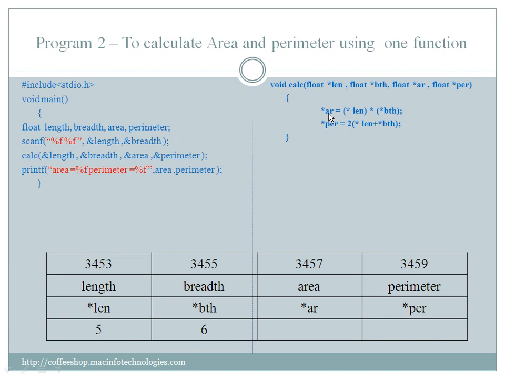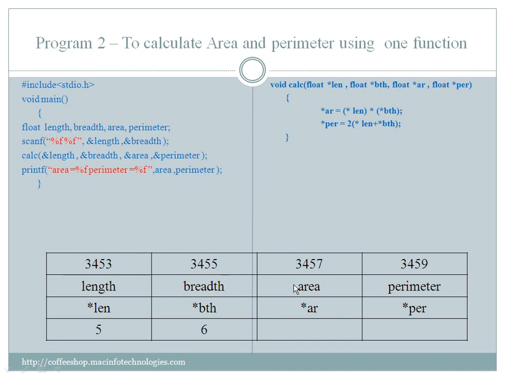Now, when you make any changes with *LEN, *BTH, *AR, those will be affected in the main function, because *BTH is pointing to the same memory location as breadth of the main function, that is 3455. *LEN is pointing to the same location as length of the main function, that is 3453. So you can use them directly, and you will be accessing the same memory location.